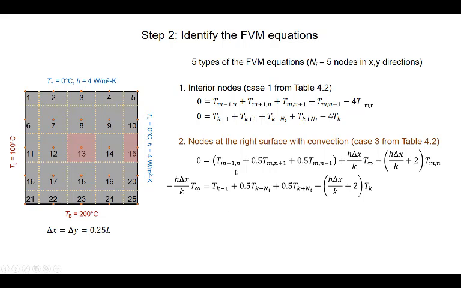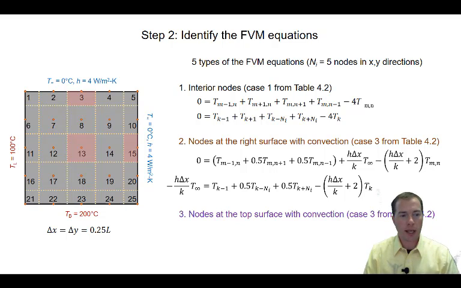Linking these then, we replace tm-1n with tk-1, tmn+1 with tk plus ni, that's the 20th node, and we replace mn-1 with k minus ni, that's the 10th node. tmn becomes tk. K can be 10, 15, or 20 in this particular condition.